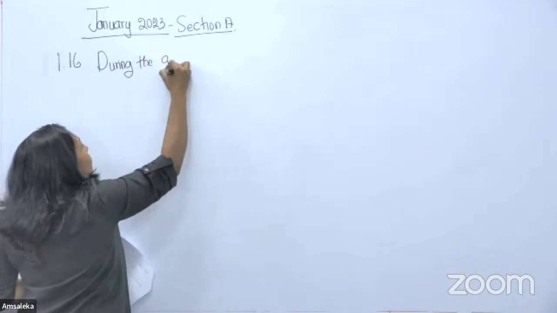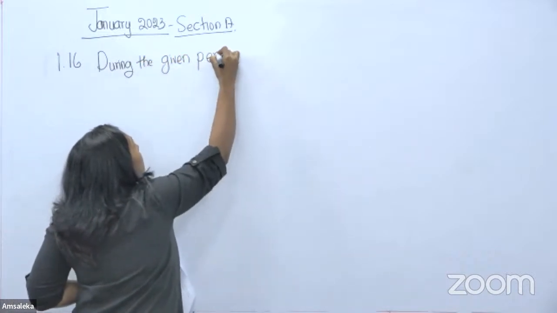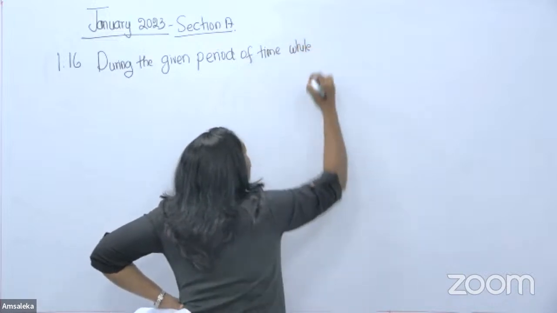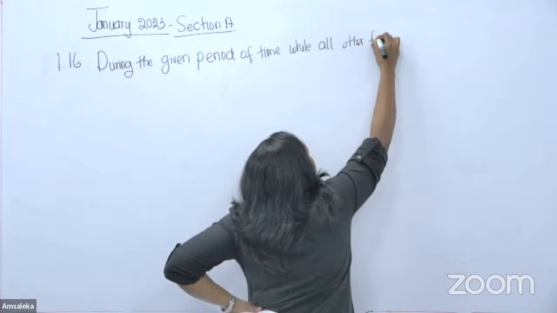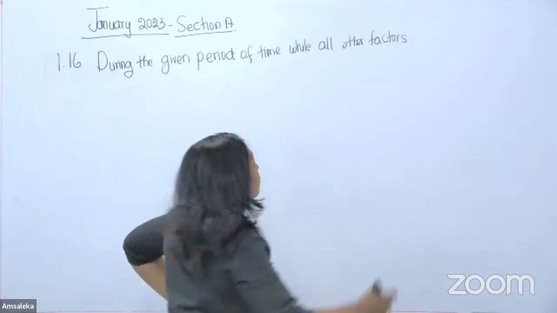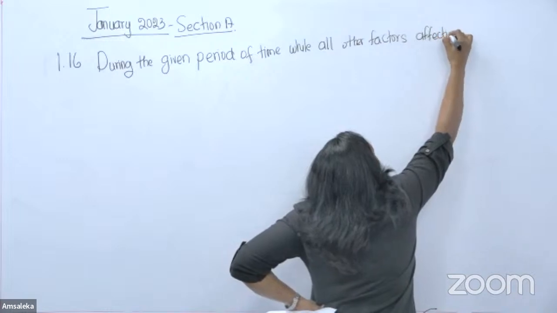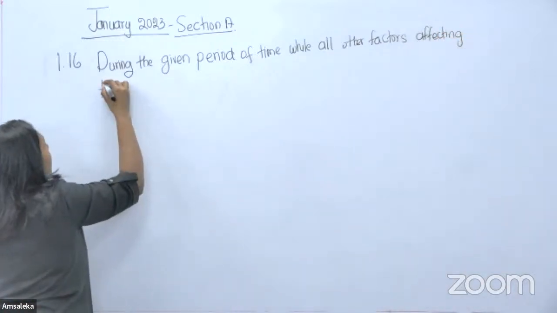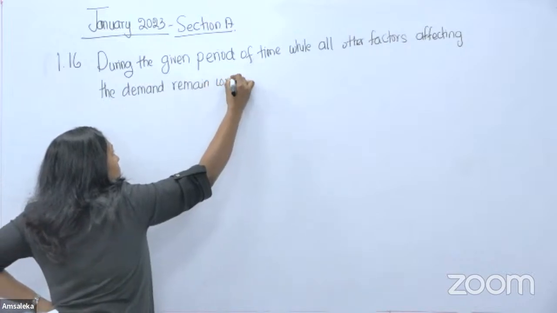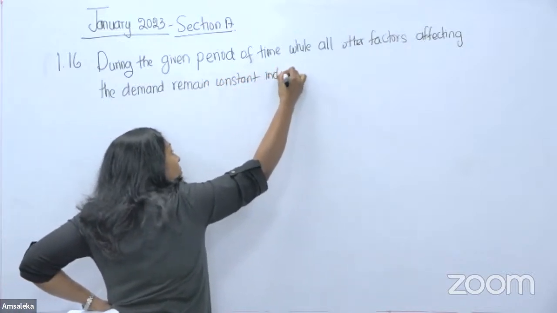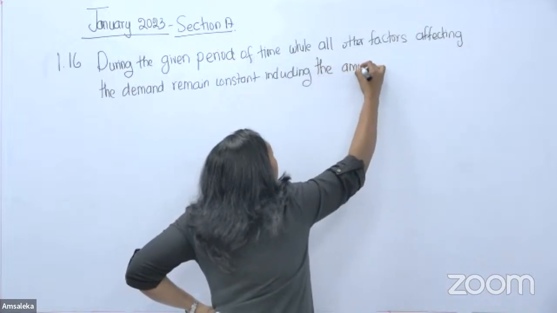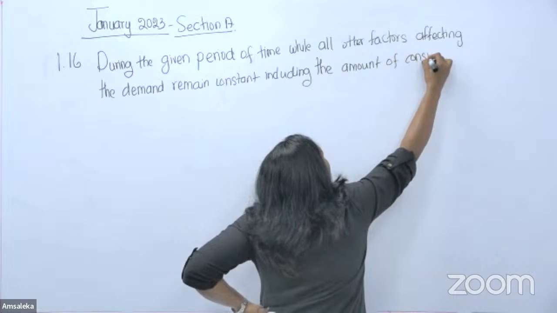You can say during the given period of time, while all other factors affecting the demand remain constant, including the amount of consumer income.